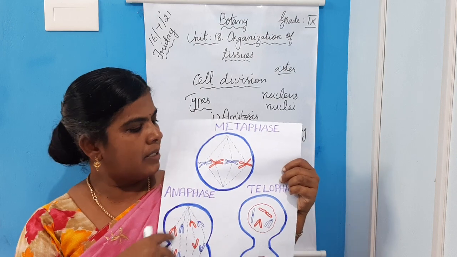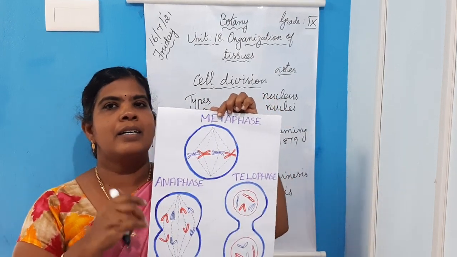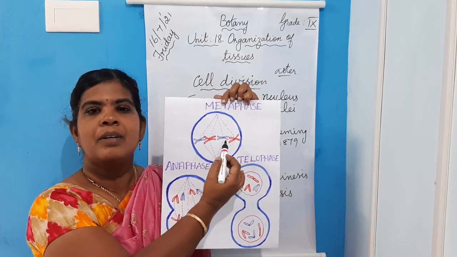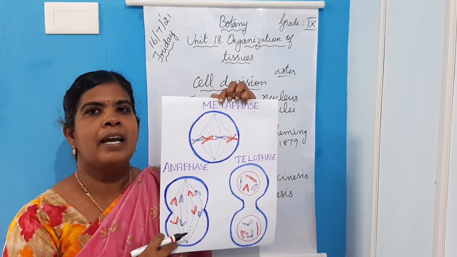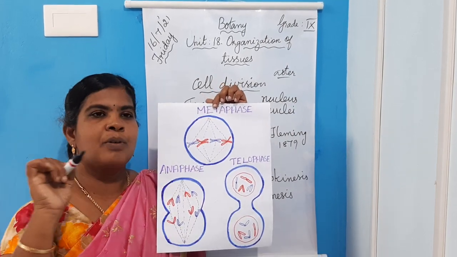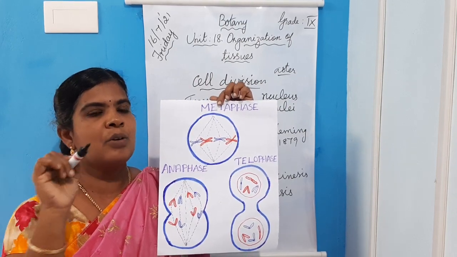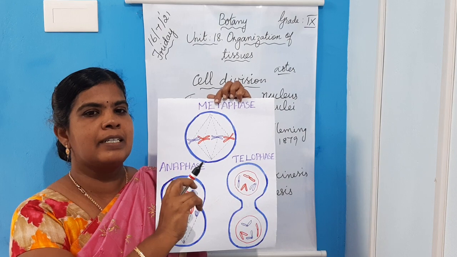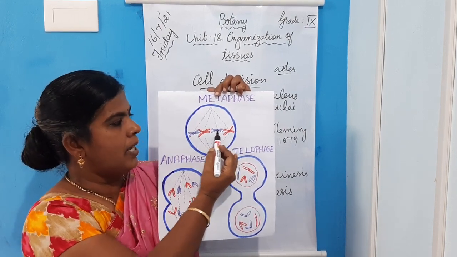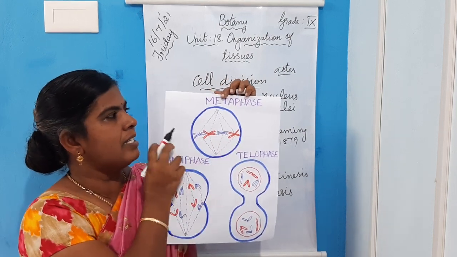Now the duplicated chromosomes arrange at the equatorial plane, or in the middle, and form the metaphase plate.